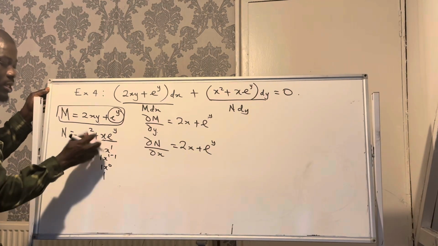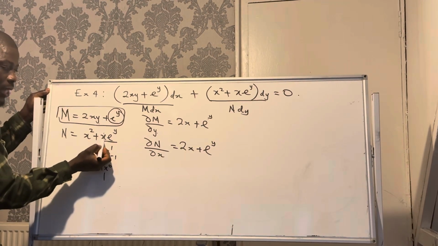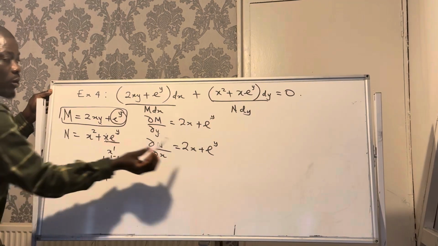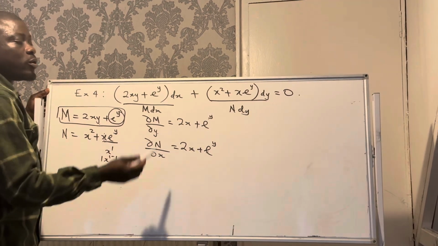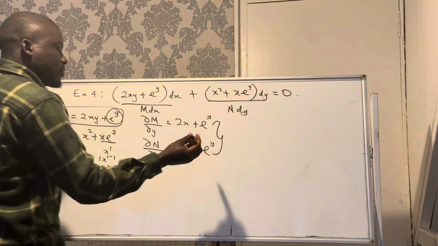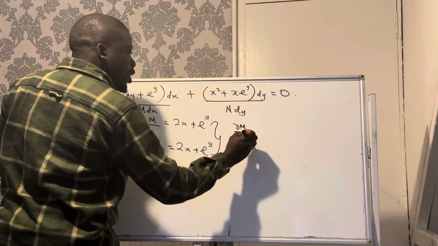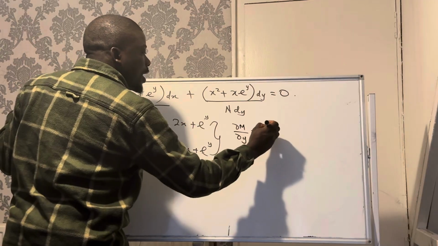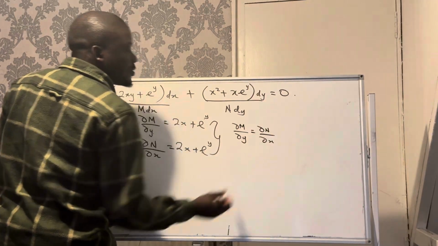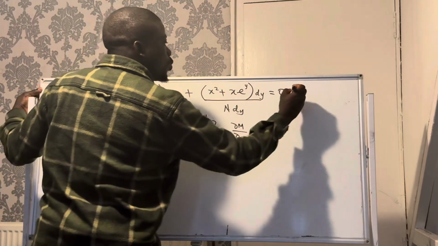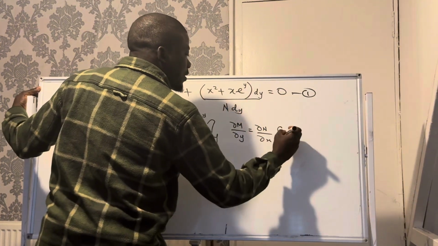So we are left with exponential raised to power y. Now from the rule of exactness, partial M to partial y is equal to partial N to partial x, so we can say this differential equation is exact.